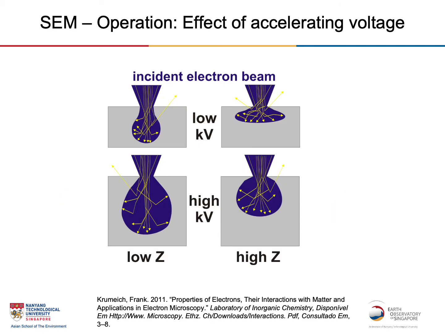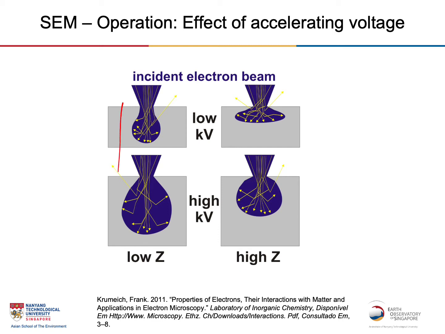Now the last main aspect of the electron-materials interaction that I want to emphasize here is the effect of the accelerating voltage, meaning how high the energy is of the electrons that bombard your specimen.